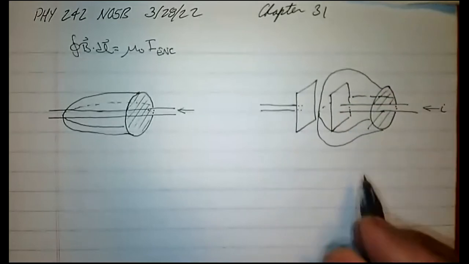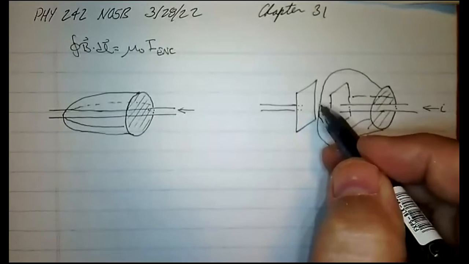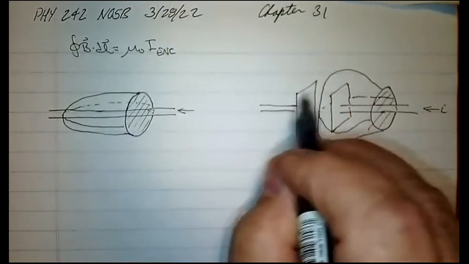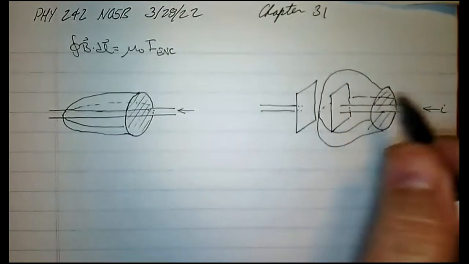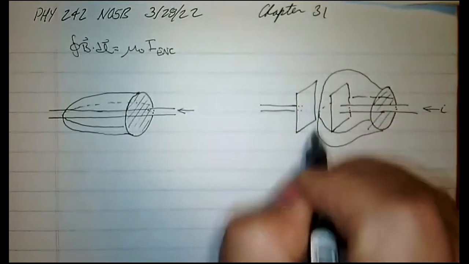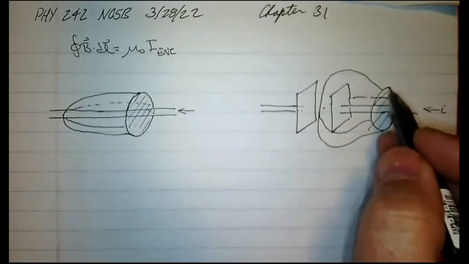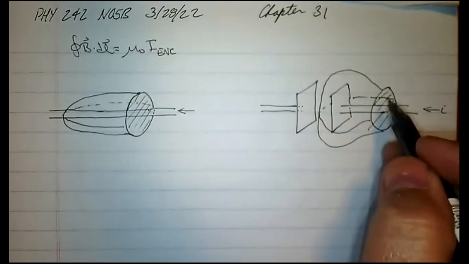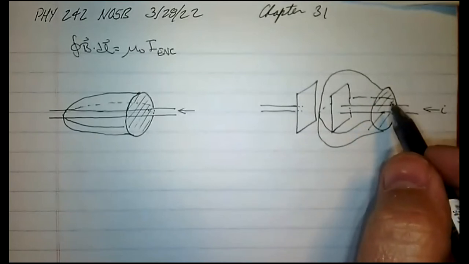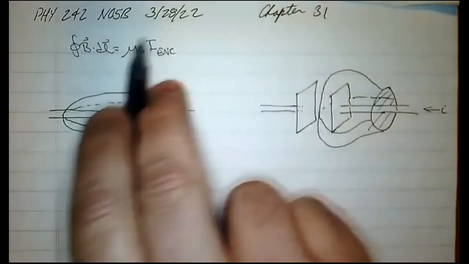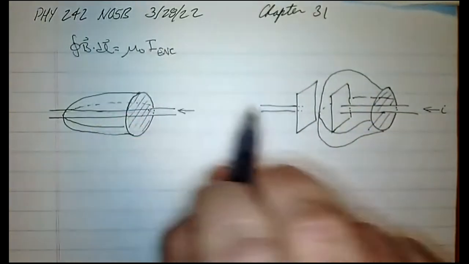Right, so that surface would also be okay. And there's no actual current going through here. All we actually have is an electric field. And of course, the more current comes in here, the stronger that electric field gets. So we've got something that we know has to be equal to the integral of B dot dL on the left-hand side. But if I use this surface right here, I've got no I enclosed.